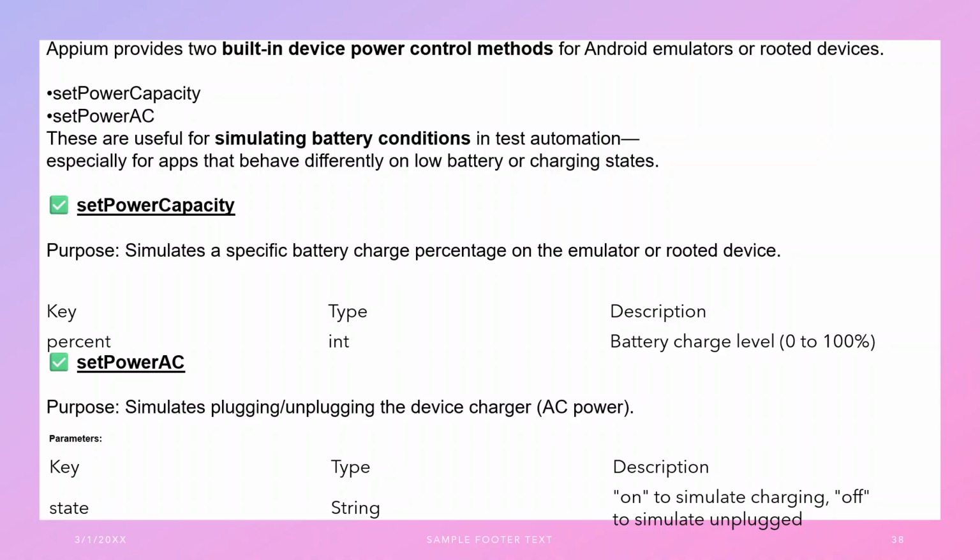It accepts a string type, that is on and off. On means to simulate charging, off means to simulate unplugged. So these are the two methods. Now we'll create the code and check it in our emulator.